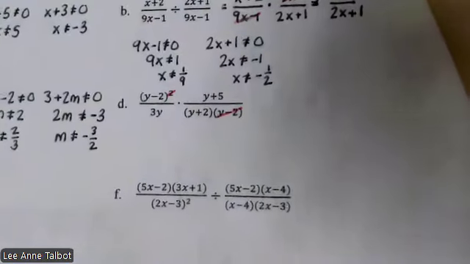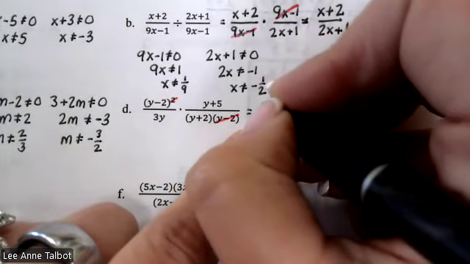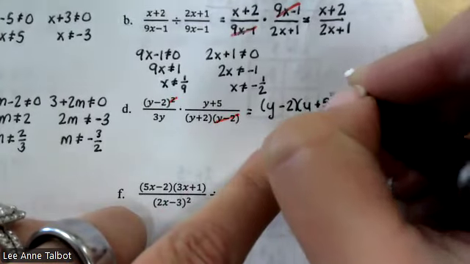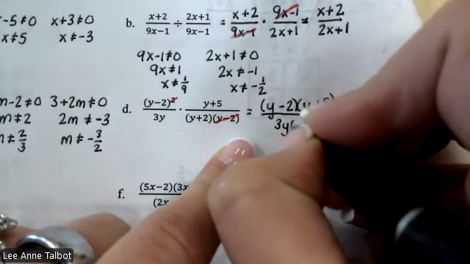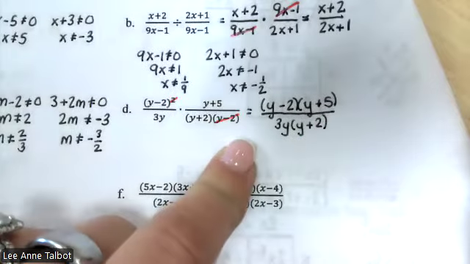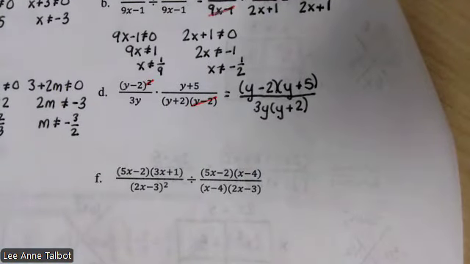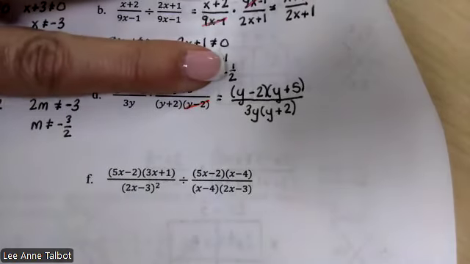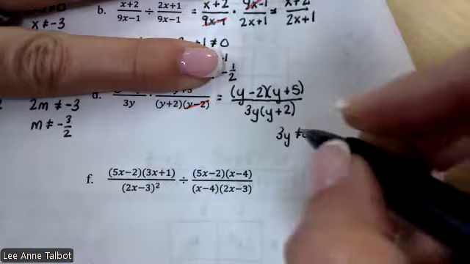Unfortunately, this problem is still not very satisfying. So the answer is still y minus 2, y plus 5 over 3y, y plus 2, which I wish was more simplified because it looks prettier. But anyway, now I have 3y cannot equal 0.